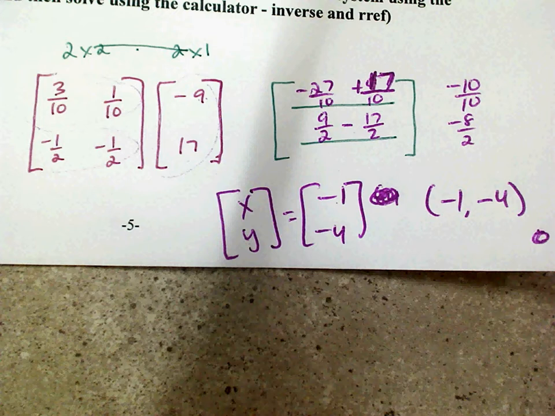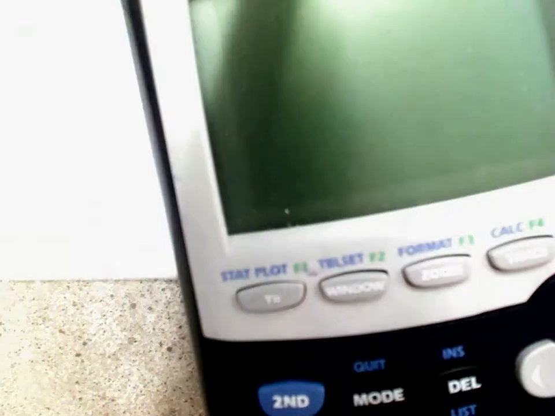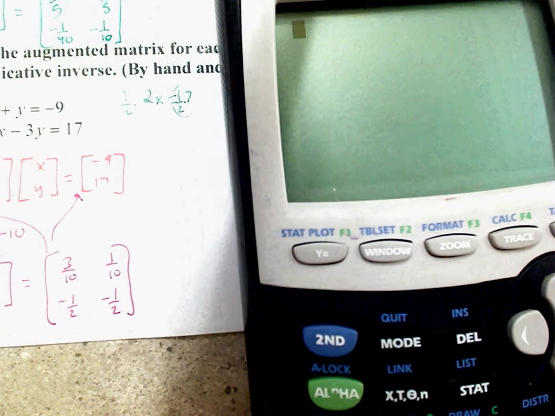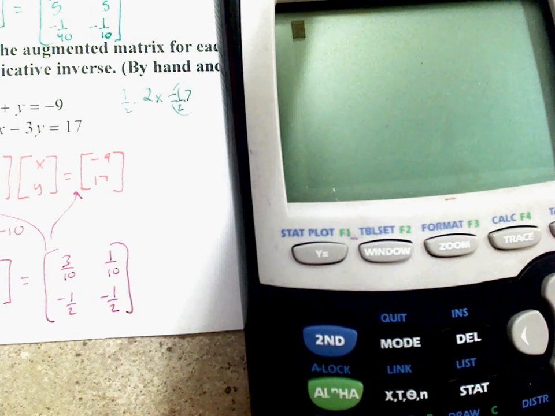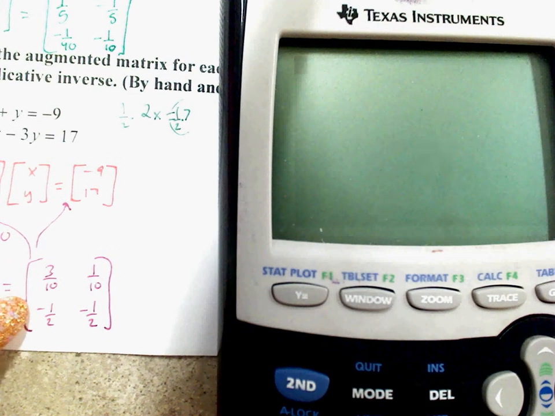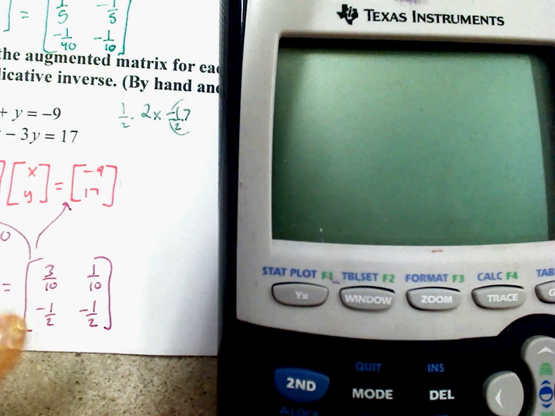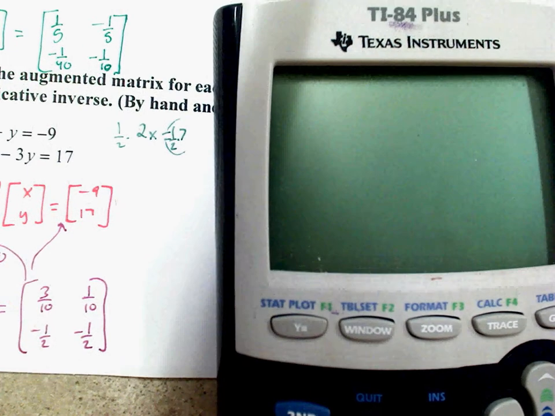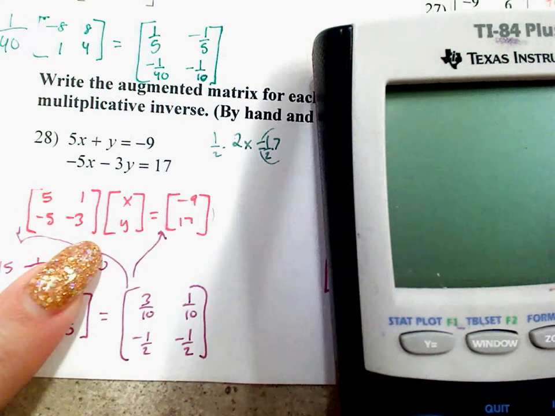Okay, now it does say to do it by calculator, so I'm going to show you this right quick. All right. So we're going to multiply. I could type this in, but I'm going to go ahead and have the calculator find the inverse.